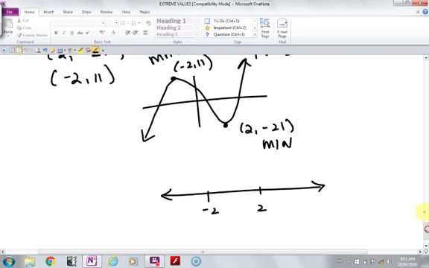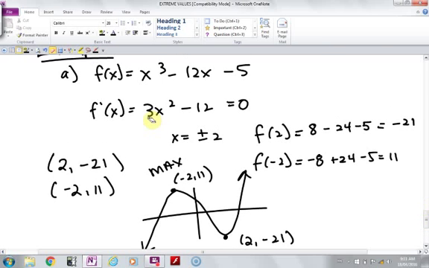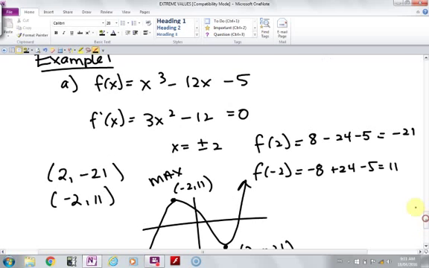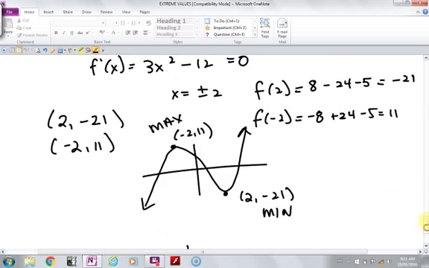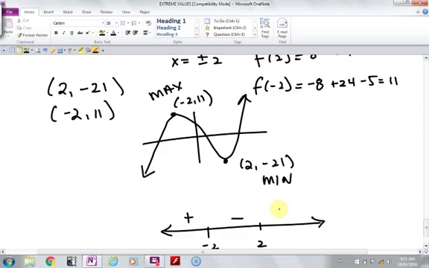So if I put negative 3 into the first derivative, I will get 9 times 3 is 27 minus 12, that's positive. Then if I put 0 in, I'll get negative. And if I put positive 3 in, I will get 27 minus 12. That's also positive.